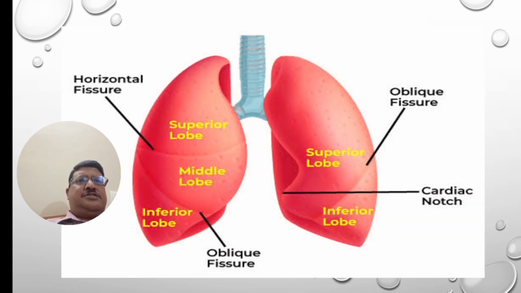So this is the structure of the lungs. Right side, left side: superior lobe, middle lobe, inferior lobe, and the left side has a superior lobe and inferior lobe. So 3 lobes on the right side and 2 lobes on the left side.